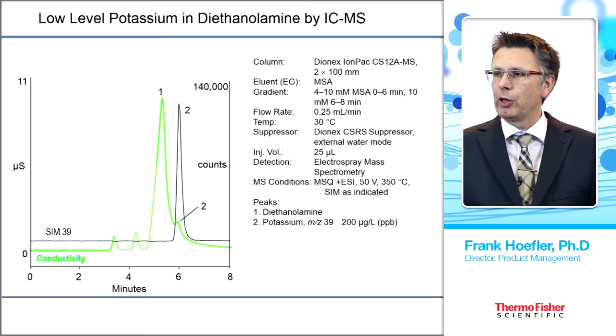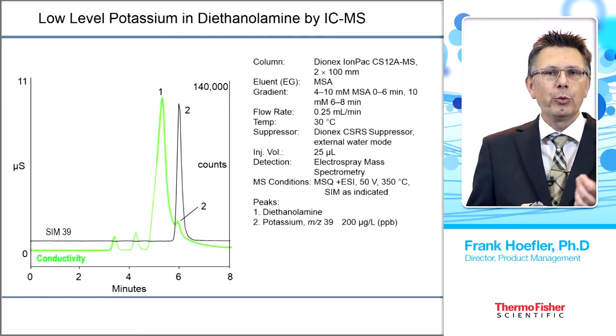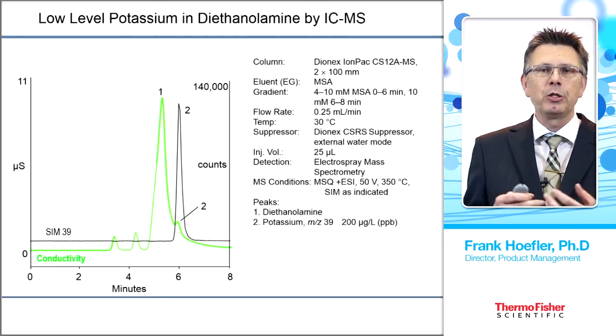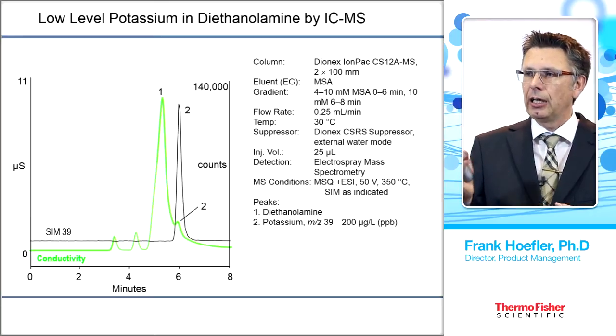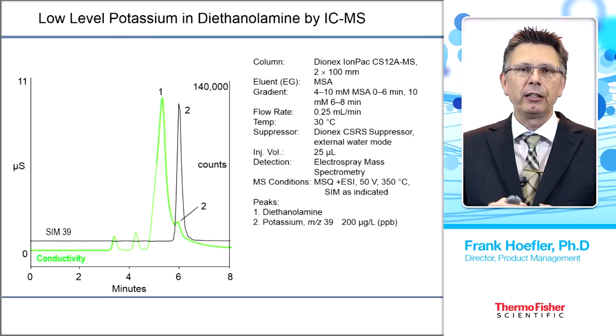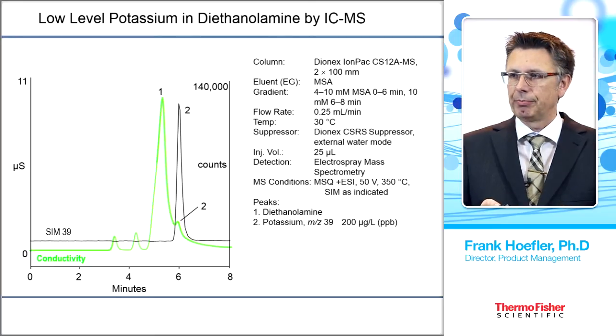If we are using the mass spec and really looking at the mass to charge ratio 39, which is selective for potassium, we have no problems because we do not detect diethanolamine at all, and we can nicely detect the peak start, peak end. We have no tail, no co-eluting peak is visible, and we get a very high sensitivity as well in this example.